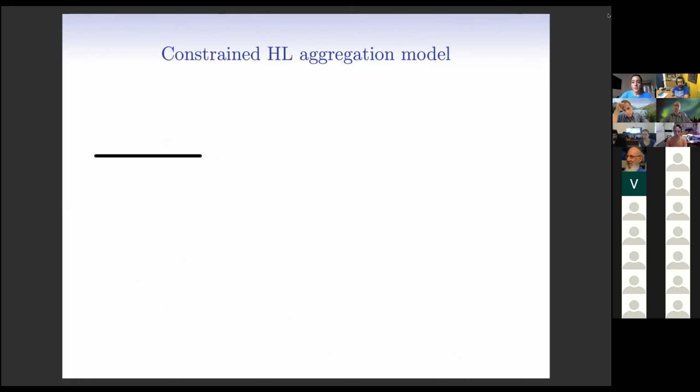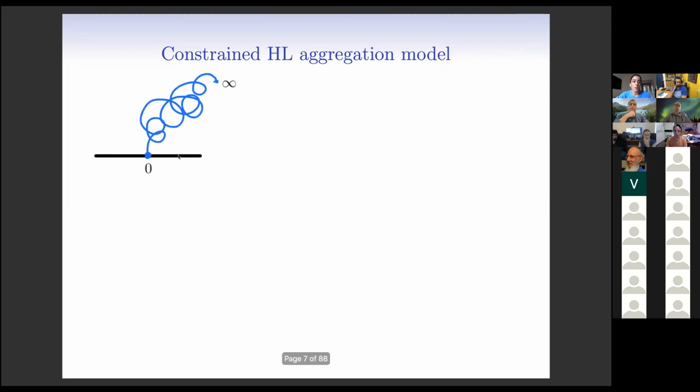So to define the model, we want to start from no particle at all, and we aggregate particles on the upper half plane according to harmonic measure from infinity. So we would like to mimic diffusion limited aggregation. In the discrete setting, you start a simple random walk from infinity, and now we start a Brownian motion from infinity and aggregate according to its hitting measure.